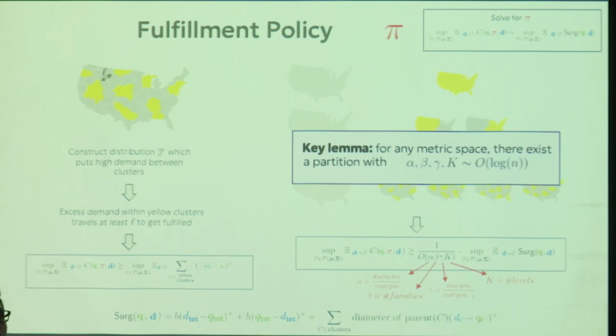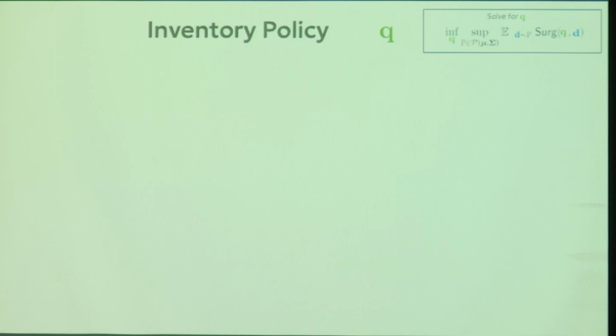So with all these parameters as log n, for any metric you can get a hierarchical clustering. So this would give me a log to the 4. Okay, so here again, we are talking about approximation ratios.